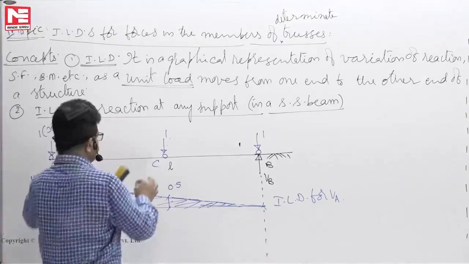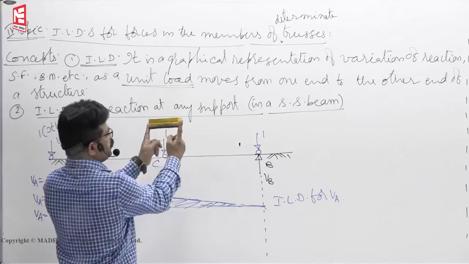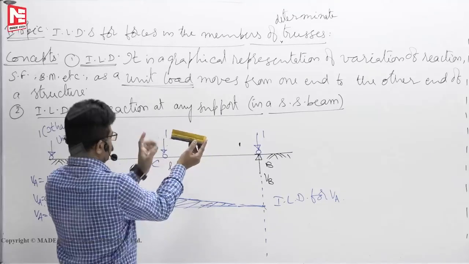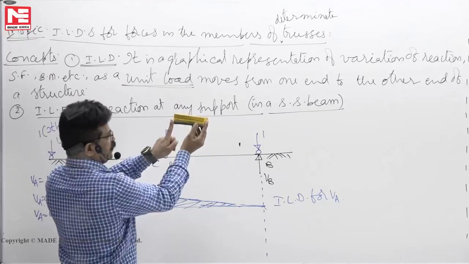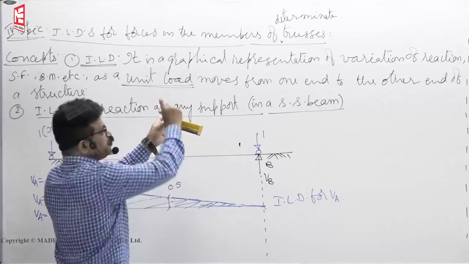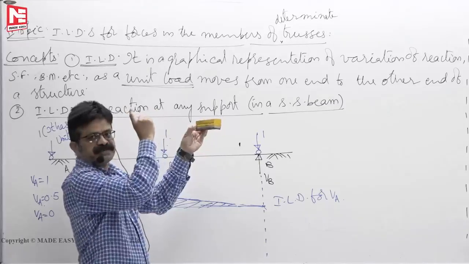Let us see what they did. If any structure is in equilibrium like this, then remove the support. If you want to find the reaction at A, remove the reaction at A and apply unit displacement. That unit displacement is a virtual displacement, meaning an imaginary displacement.